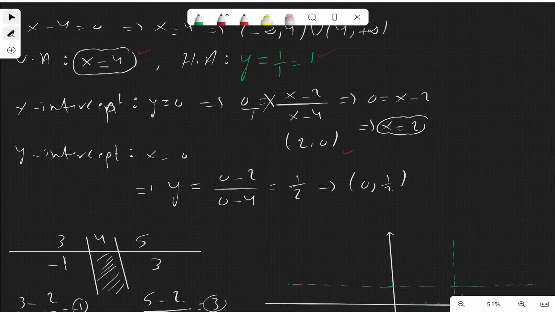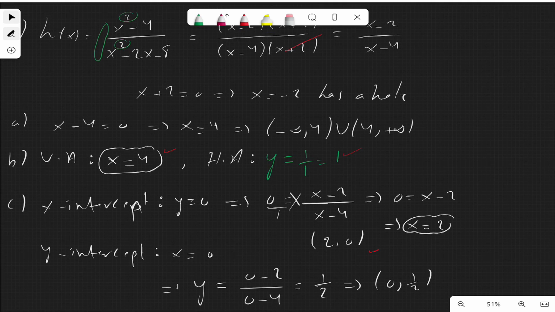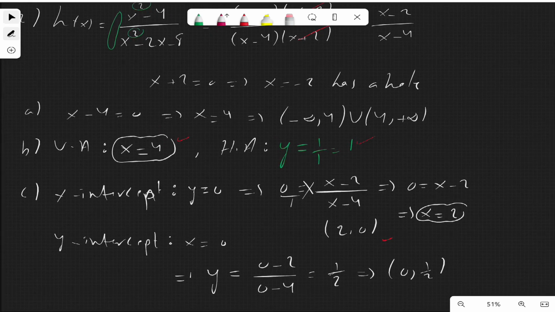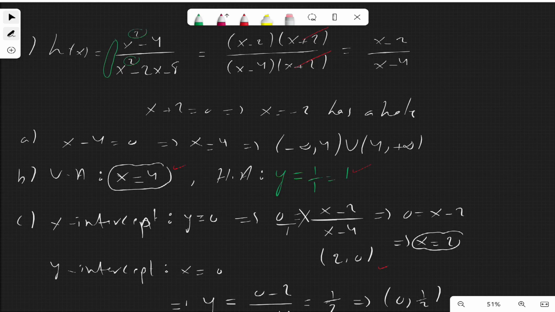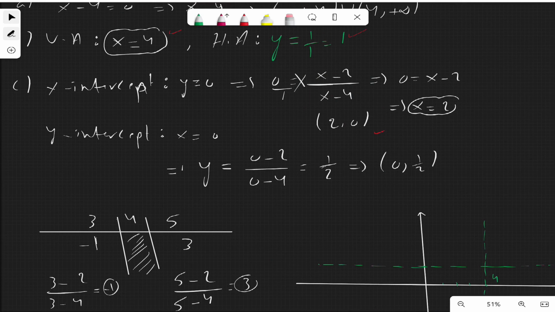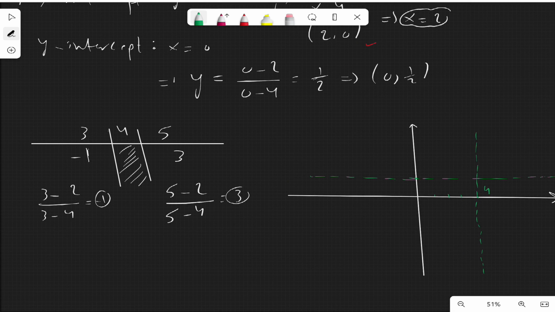So I would like to remind you about what we have done first. The simplified factor x plus 2, we found x equal minus 2 has a hole. So at x equal negative 2, we're not gonna forget to put a hole.